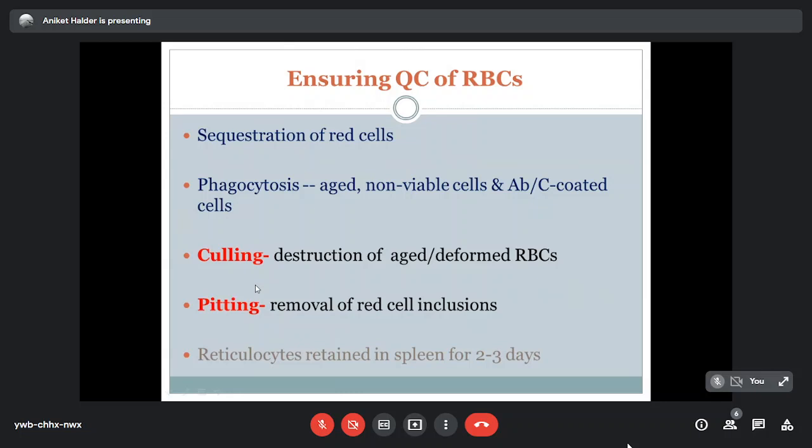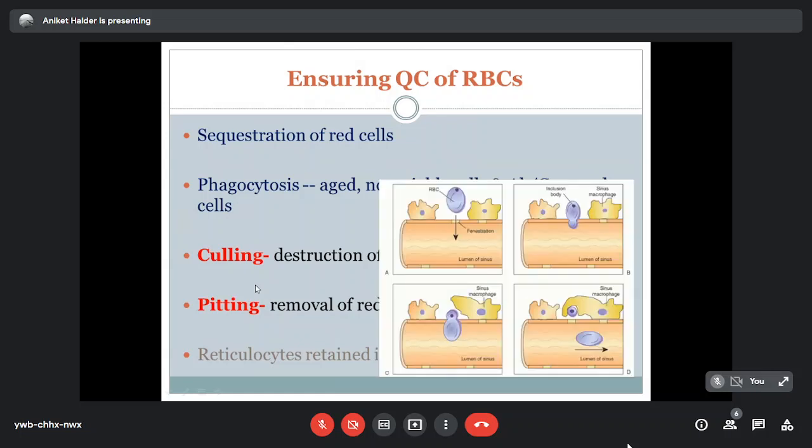And there is another important function of the spleen, that is pitting. Pitting means the removal of red cell inclusions in the spleen. This is a schematic diagram of how pitting occurs. The red cells usually have a biconcave shape, and they are very flexible.